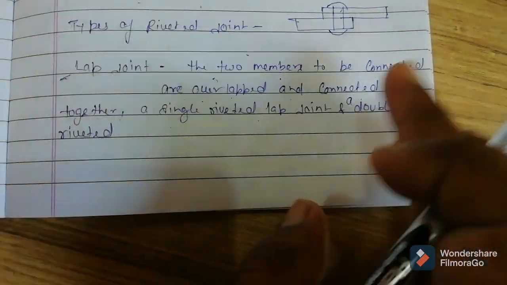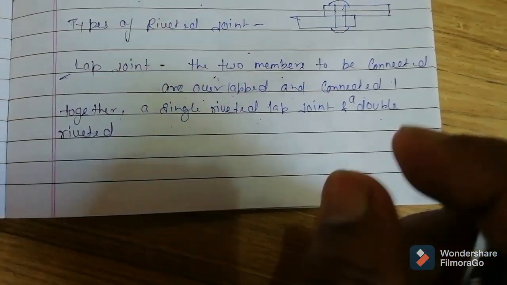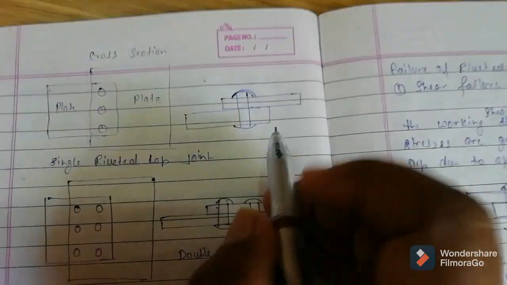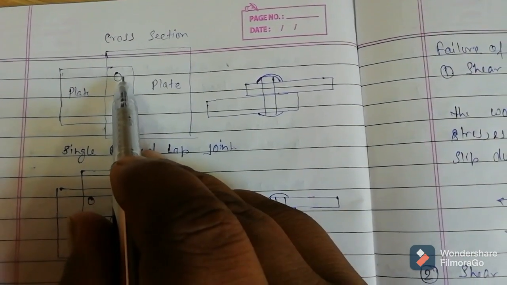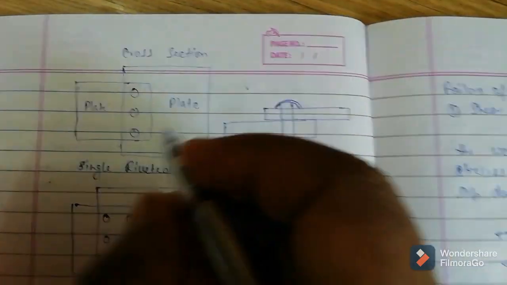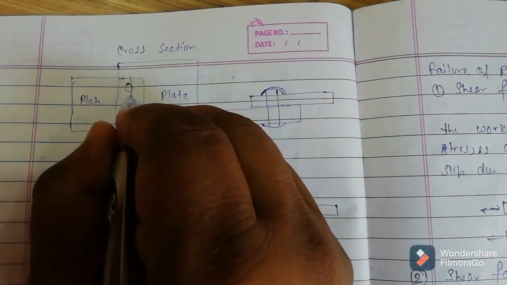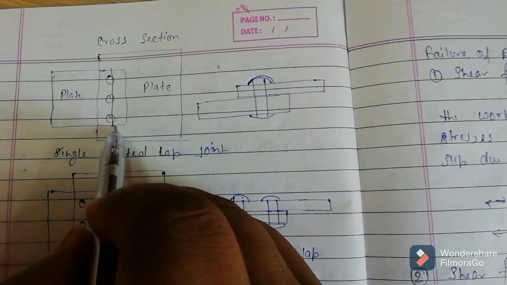Now this can be of two types, a single riveted lap joint and a double riveted lap joint. For a single riveted lap joint, see that here are 3 rivets in a line.